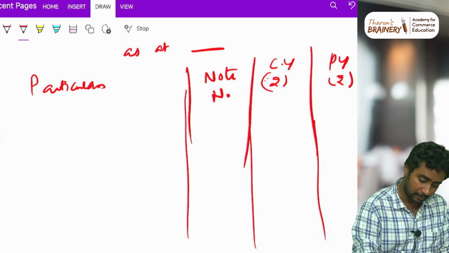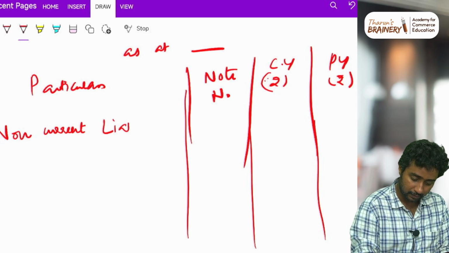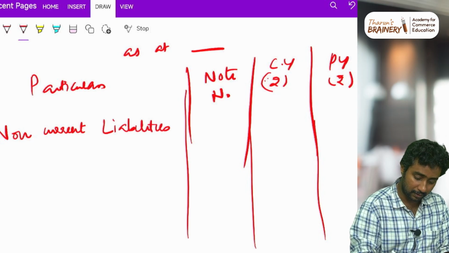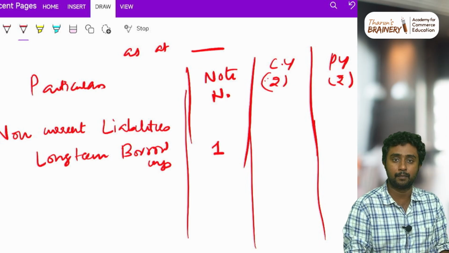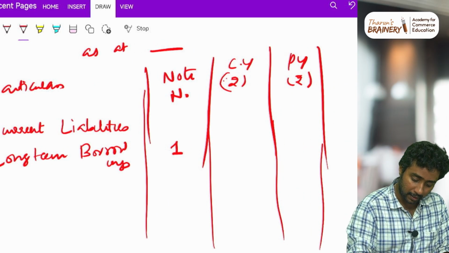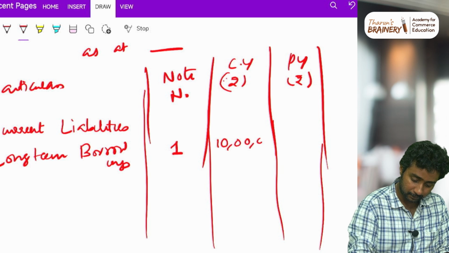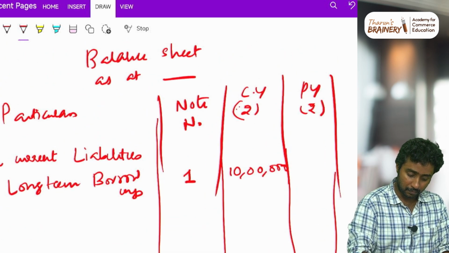What we are going to record here is, we will write non-current liabilities. Under that you will write long-term borrowings. In note number I will write 1, and you will show 10 lakhs in the current year column. This is the only thing that you have to draw when they ask.